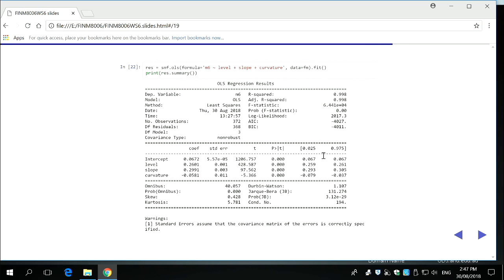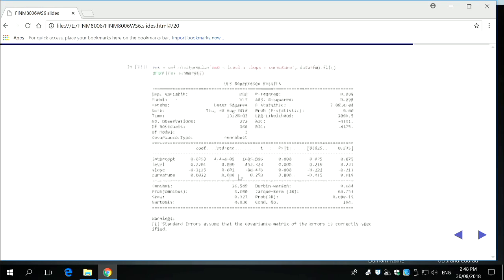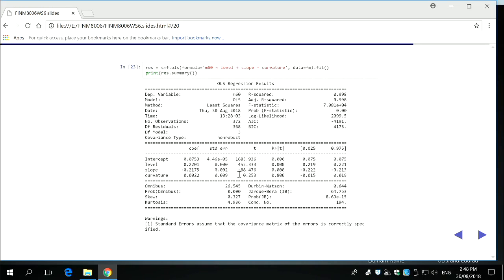So first of all, let me run some simple regression. If I run the 6-month return on the level, slope, and curvature, it's loaded positively on level, positively on slope, and negatively on curvature. I can do it for the 5-year interest rate, or 5-year yield. By the way, these are treasury bond yields, right?